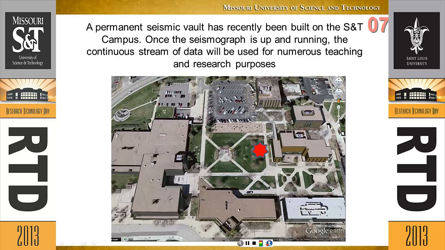So when you walk there, be careful. You will be recorded, right? The data will be shared by everybody in the world, actually. That's real-time recording. So this will be one of the seismic stations, a very good facility for us. We will name it MS&T1, so everybody knows that's from MS&T, right?